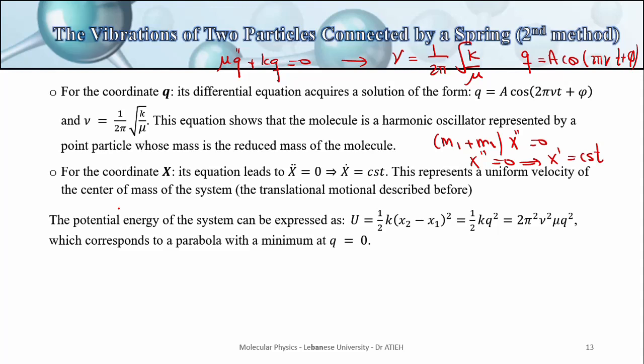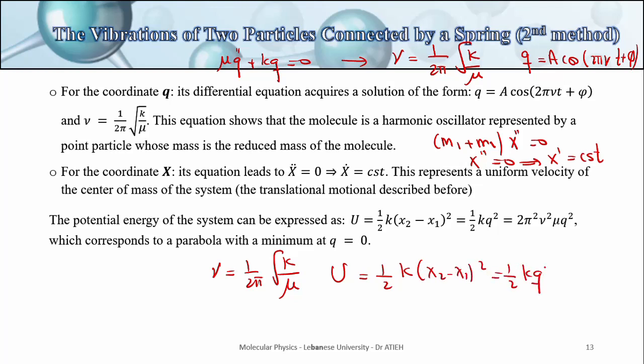When a system oscillates with a frequency nu equals 1 over 2 pi radical k over mu, its potential energy U equals half k x2 minus x1 squared, which is equal to half k q squared. We can replace k by its value. nu squared equals 1 over 4 pi squared k over mu.